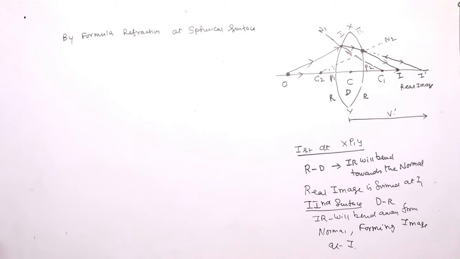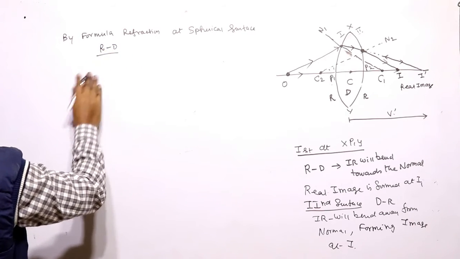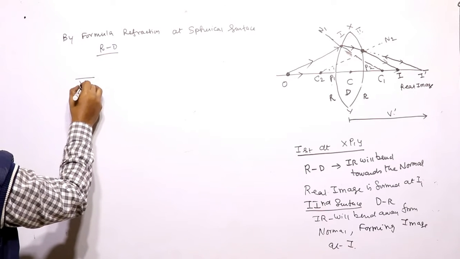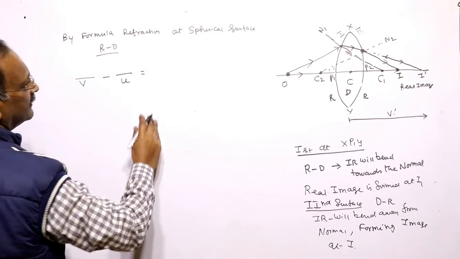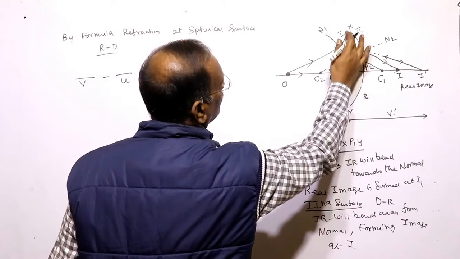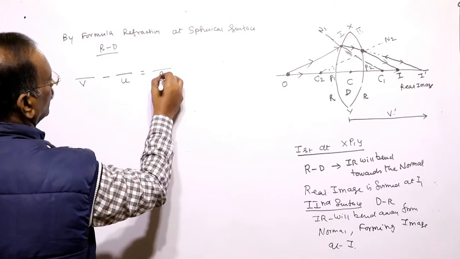For the first surface, going from rarer to denser, we write 1 by V minus 1 by U is equal to, for the first surface, radius of curvature R1, divided by R1.